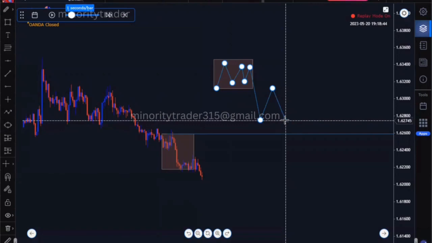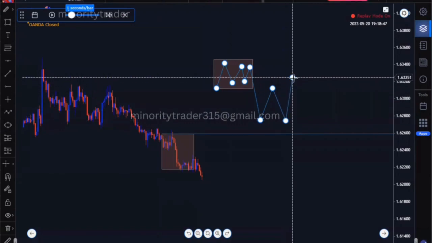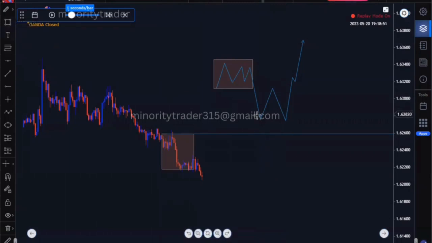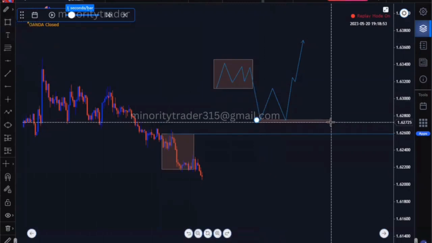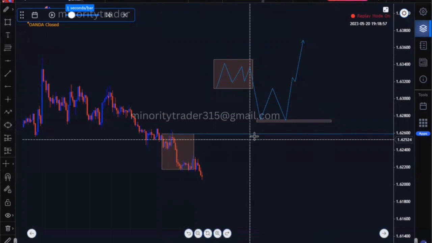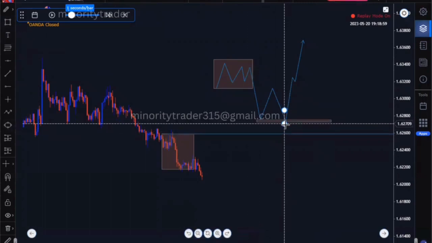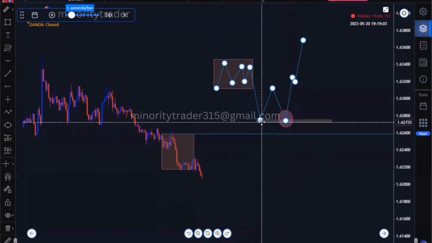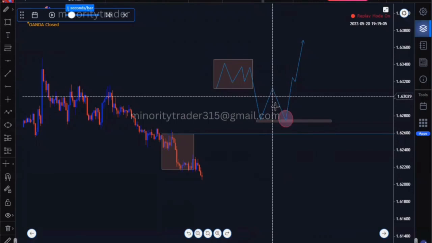So at this point here, you'll be looking for the shift of price going back up, bullish like that. You're looking to enter the market at the second leg. This is the second leg here that has been created by the dealers. This is the start of the second leg going back up. This is the first leg. This is the pullback and the shift.